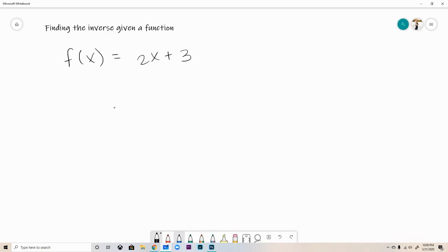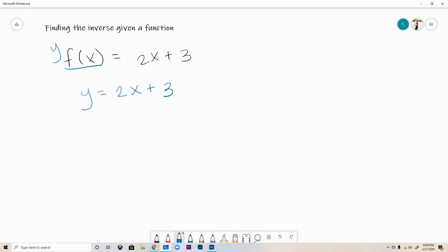This f of x is the output, and on coordinate planes, the y values are the output values. So first I'm going to replace f of x with y. Now I have y equals 2x plus 3.